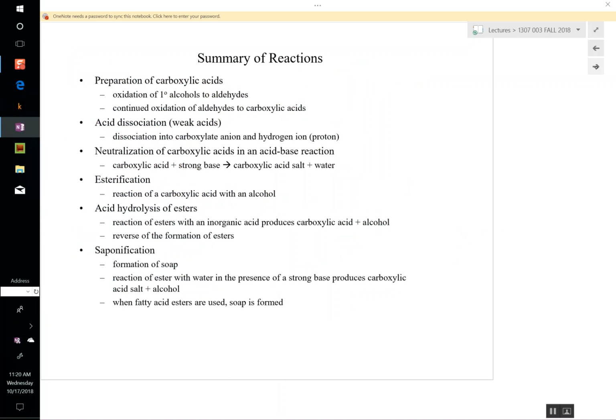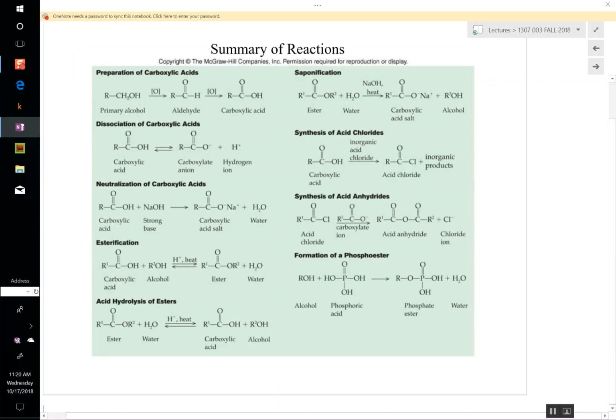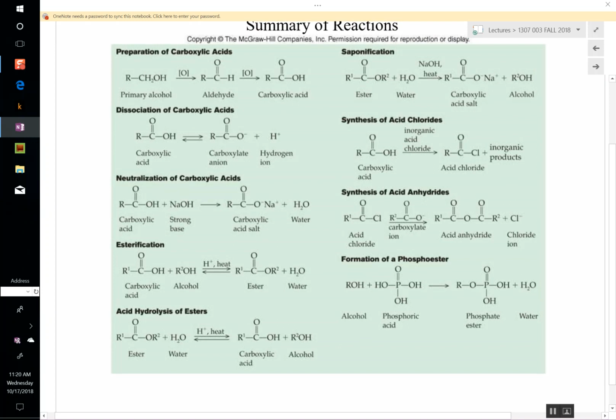I think they are all depicted right here. Let's take a look. There's a couple of these I'll cross out. Not a whole lot, but let's take a look at it. At the top, primary alcohol forms an aldehyde, can all go on to form a carboxylic acid. Carboxylic acid can dissociate. Carboxylic acid can react with a base to form the salt and water. Esterification. Carboxylic acid plus an alcohol forms an ester plus water.